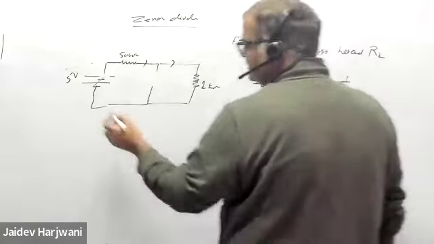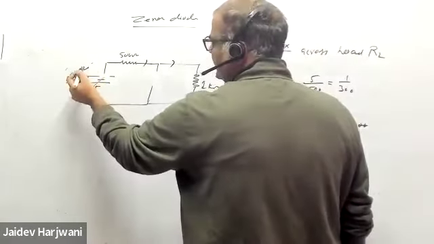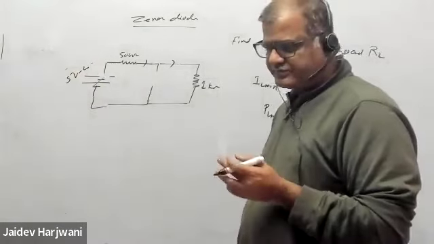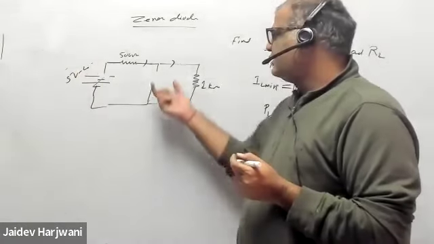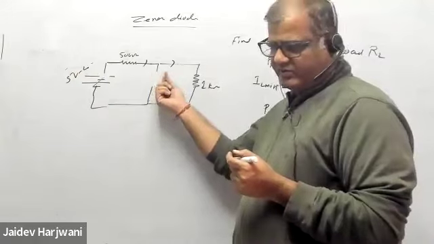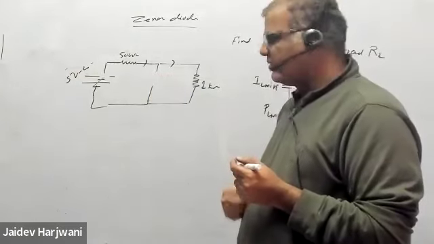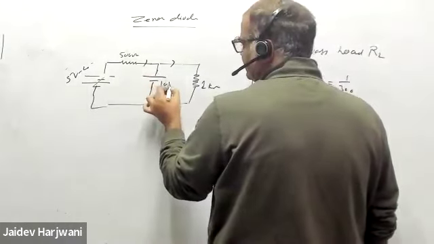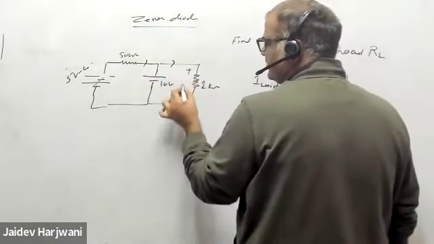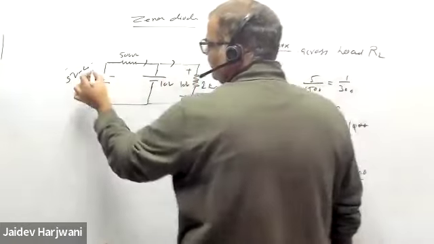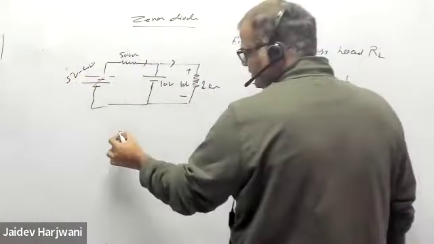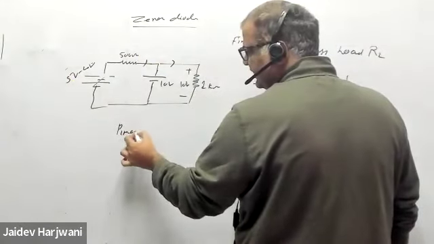Now second case: if I put 20 volts. We have seen if the voltage is 15 volt, then this will become conducting. So once this is conducting, this will be your 10 volt. So here also voltage will be 10 volt. When anything is greater than 15, in that case you can find the PL max directly.